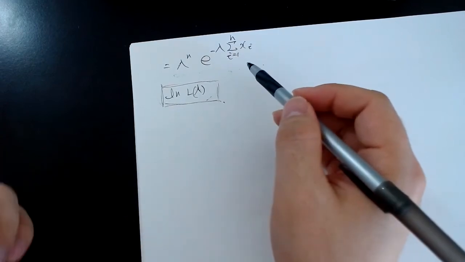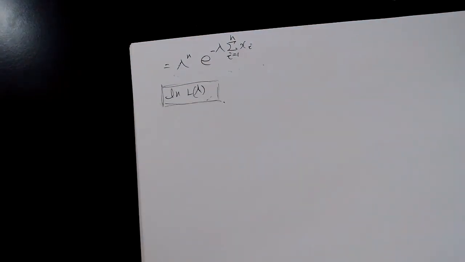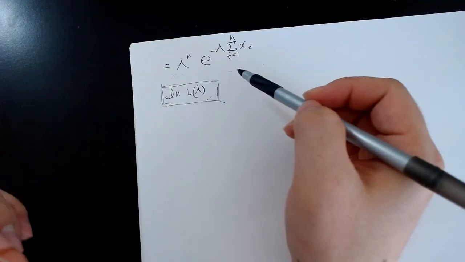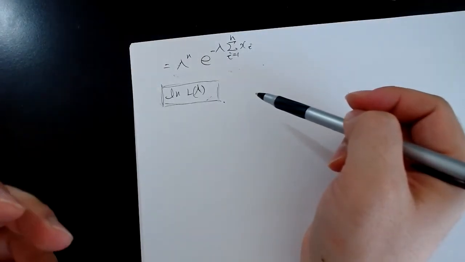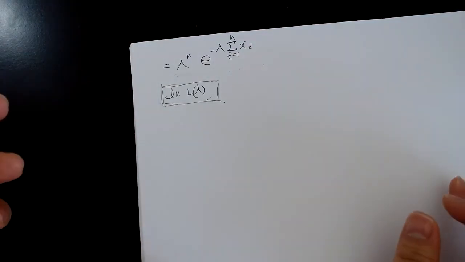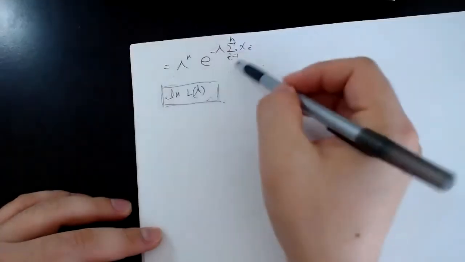To make the problem easier, we take a natural log and then find the critical value. Finding the derivative of the log is much easier, or a little bit easier, than the derivative of the original function.